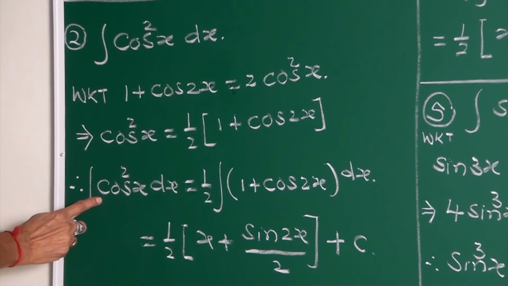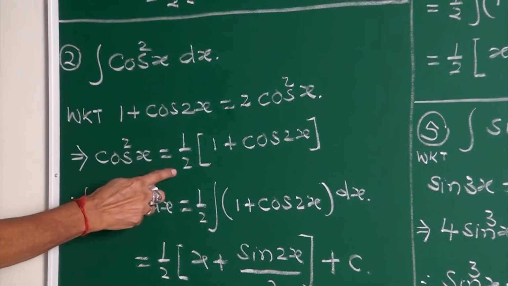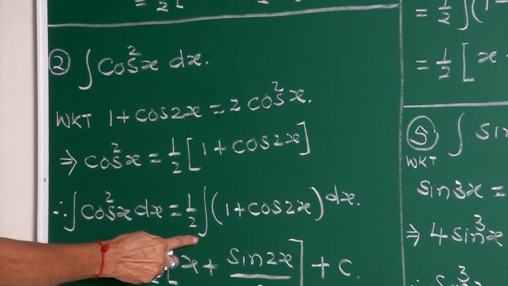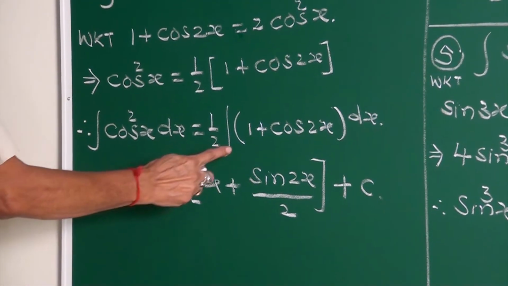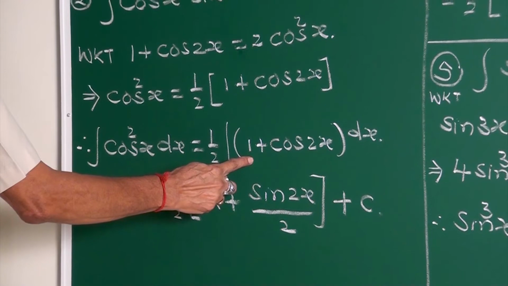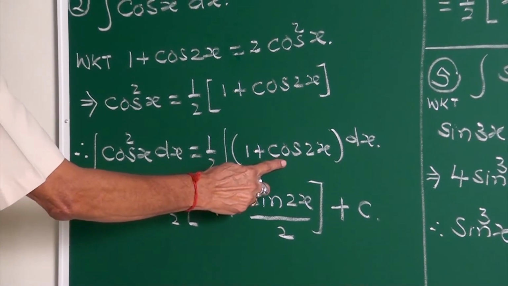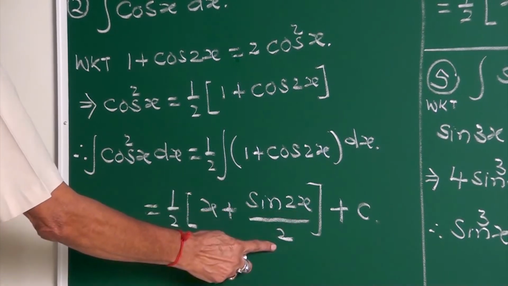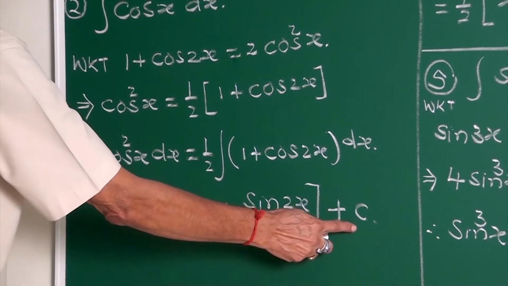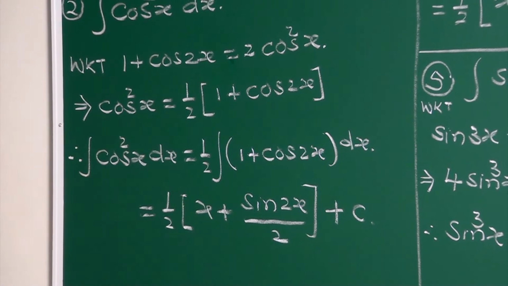Integrate both sides. Integral of cos square x dx equals 1 by 2 into integral 1 plus cos 2x dx, which is 1 by 2 into x plus sine 2x, divided by the coefficient, plus c.